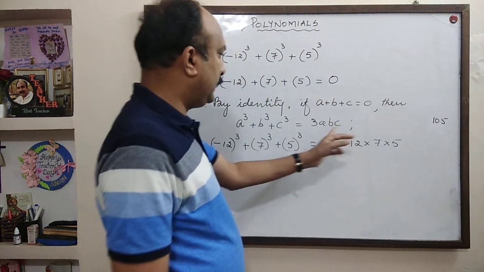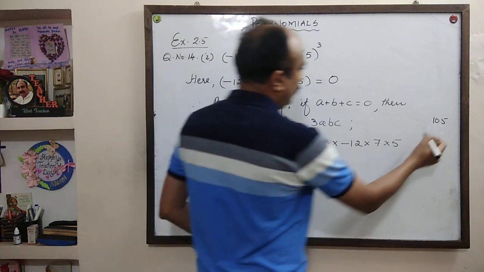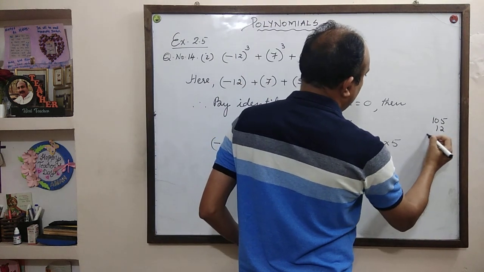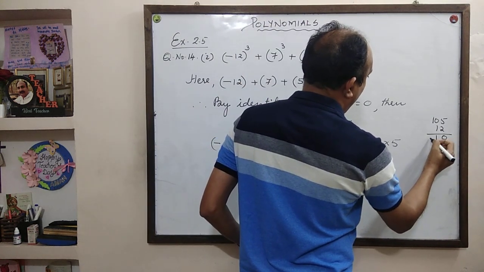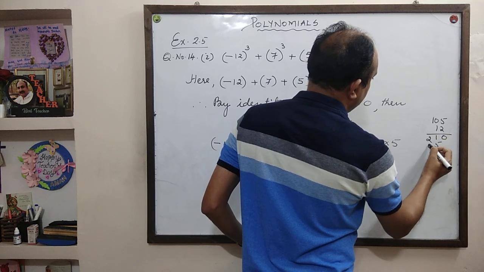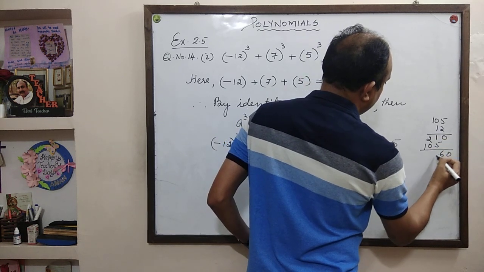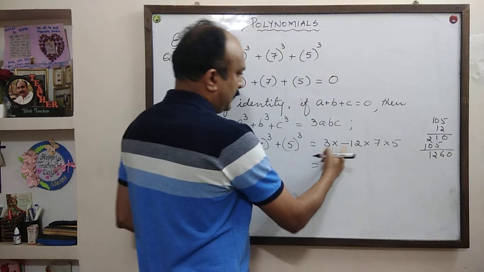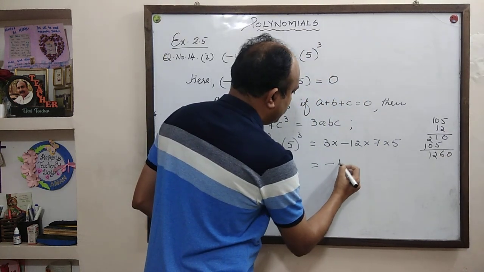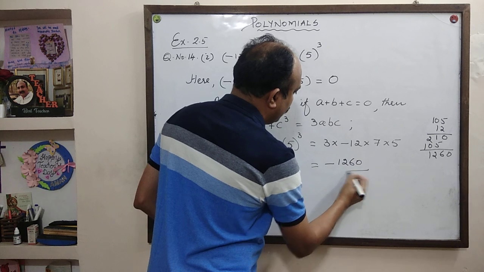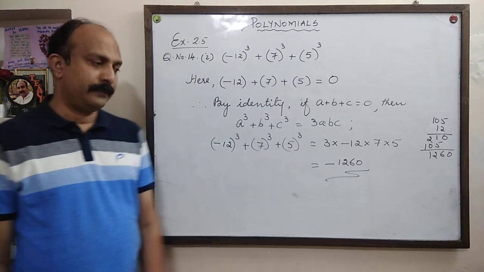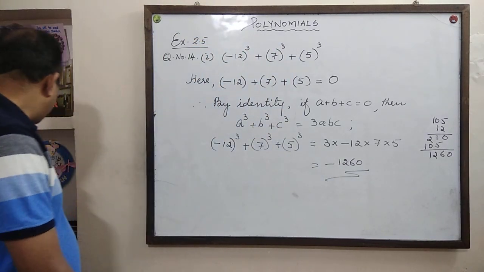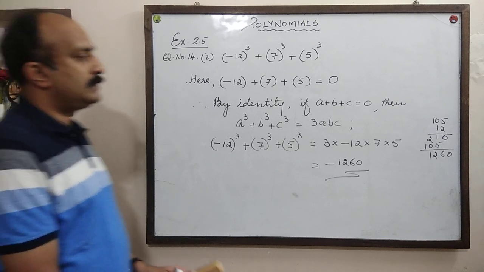Seven into 5, 35, 35 into 3, 105, 105 into 12. And the sign is minus. So the answer is minus 1260.